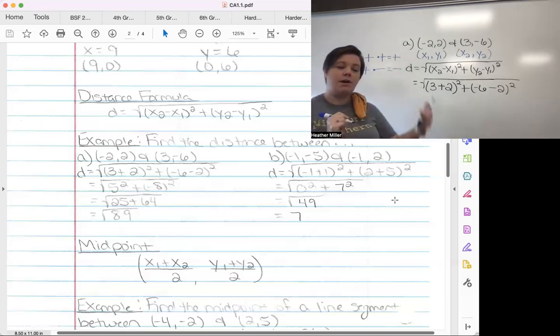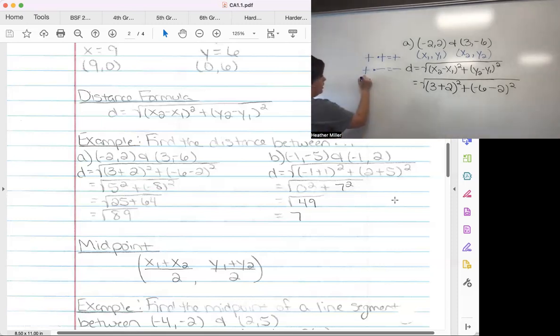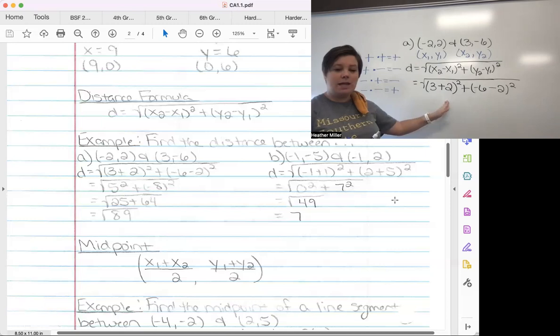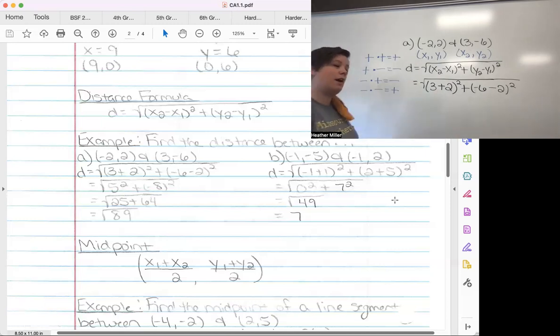So that's when I take a +2 times a -2 and I get a -4. Or if I have a negative times a positive, I'm also going to get negative. And if I have a negative times a negative, I'm going to get a positive. That's what we had going on here. We had a minus and a minus, which gives us a positive value. This table is super helpful when it comes to solving equations, but then also eliminating those double signs.